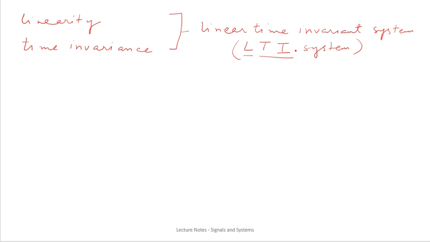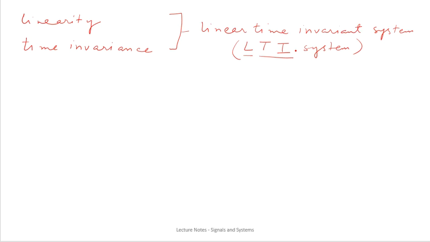Although this can be answered in many different ways, one way is to solve the differential equation describing the system given the specified input and the initial conditions. We had already seen in the last lectures how to solve differential equations to obtain the output of a system. Now, in the coming lectures, we will focus on a second method that uses the linearity and time invariance of the system.